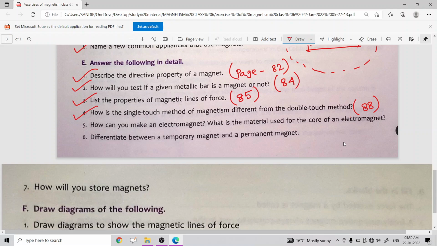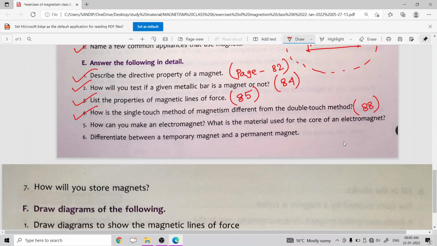But for the double touch method, you take one needle and two magnets, and at the middle of the needle you touch two poles, that means one north and another one south of two different bar magnets, and similarly you slide, but in opposite directions.